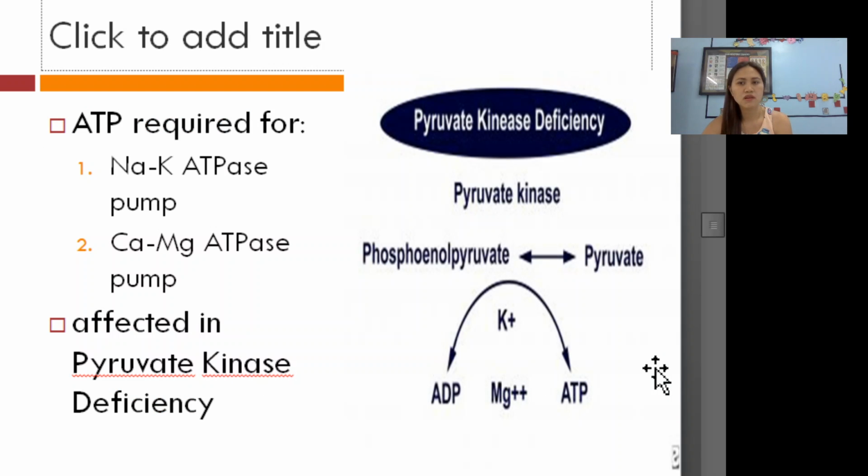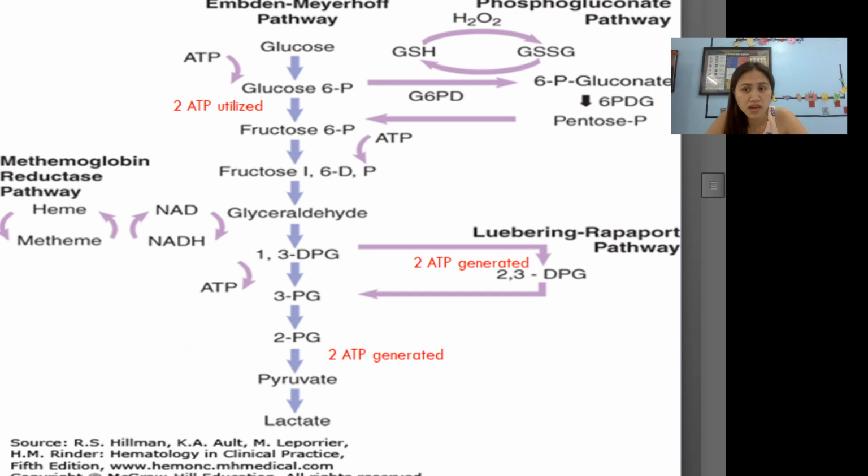So ATP is required for these pumps like sodium potassium ATPase pumps and calcium magnesium ATPase pumps. So it is very important to have this enzyme when you perform these two. Okay, so without pyruvate kinase, this cannot be done. So again, your pyruvate kinase is usually involved in this area. Okay, converting this one to pyruvate.